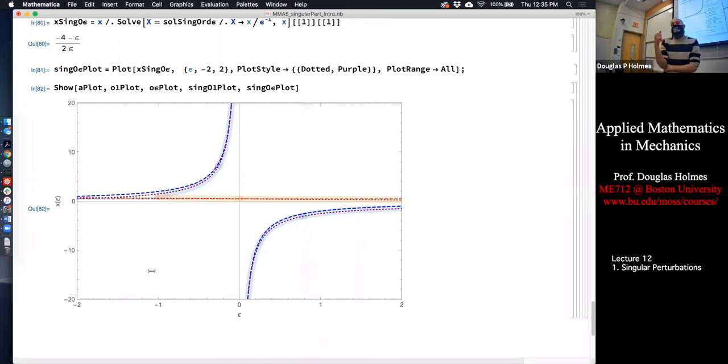At that point, you insert that into your original equation, and then you apply the method of dominant balance, which means find the term you don't want to lose and balance the exponent on epsilon with the exponent on epsilon in each of the remaining terms, one by one.